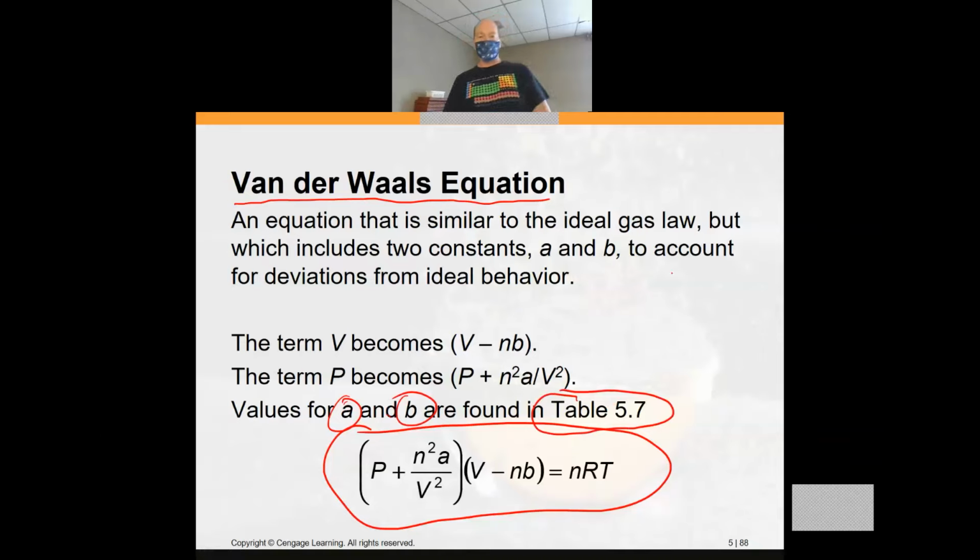The a and b factors are there for the deviations from ideal behavior: molecules do take up some space, and the molecules do have some interaction even if they don't collide. The gas molecule, even though it doesn't run into another, still knows it's there, and the volume of that gas is not 0.